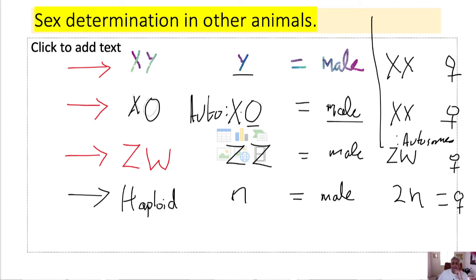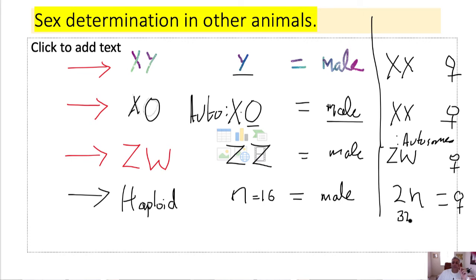Honeybees are the best example. So the drones, the unfertilized eggs that become the males, they are a single set of chromosomes. And I think in honeybees, N equals 16, right? So they have 16 chromosomes inside their cells. Females, on the other hand, they have twice as many. They have 32.